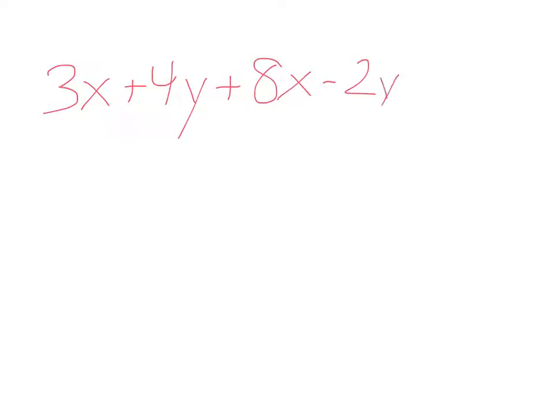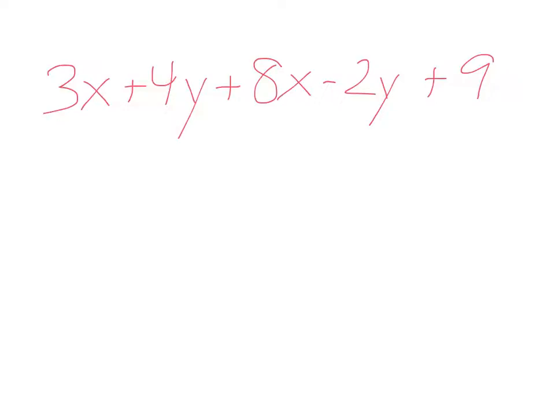In some cases, when we look at terms or an expression, we might have something like 3x plus 4y plus 8x minus 2y plus 9. In this particular case, the terms are going to be 3x, 4y, 8x, negative 2y, and 9.